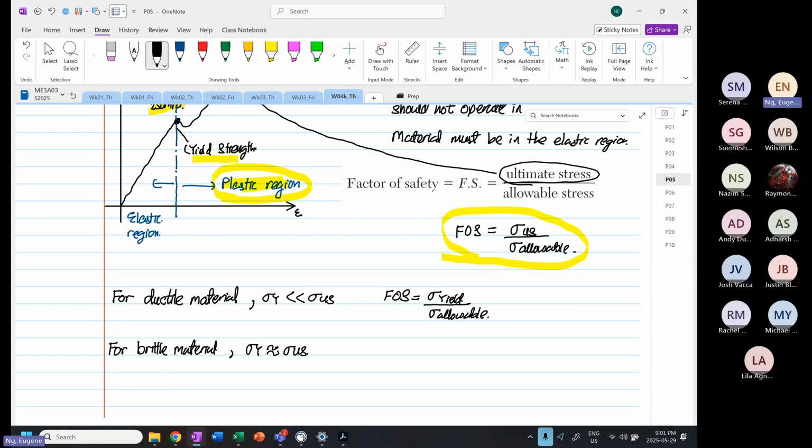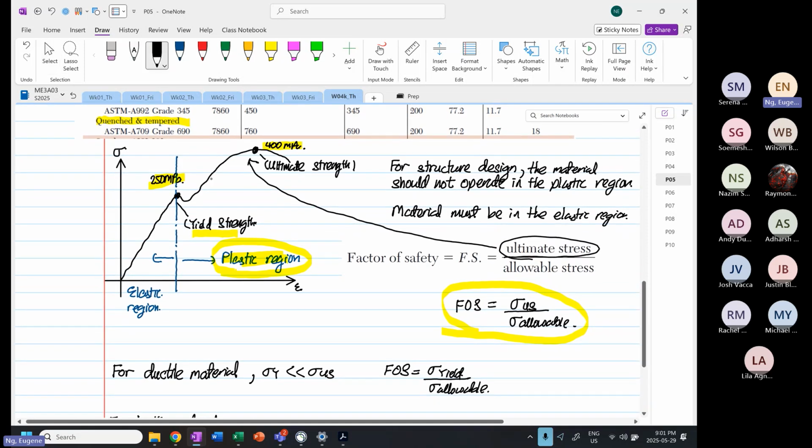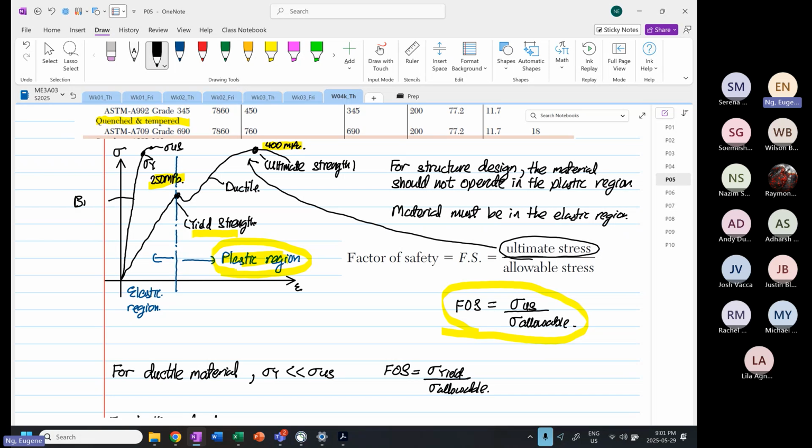Okay, so this is for ductile material. For brittle material, it behaves like this, where this is the stress yield and this is the stress ultimate strength. So this is for brittle material.